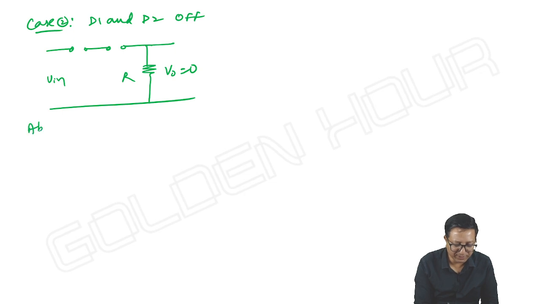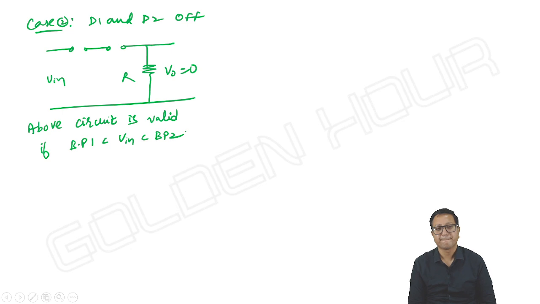This is valid if breakpoint 1 is less than V input less than breakpoint 2. With a single Zener diode, we did the same story; with two Zener diodes, nothing else.